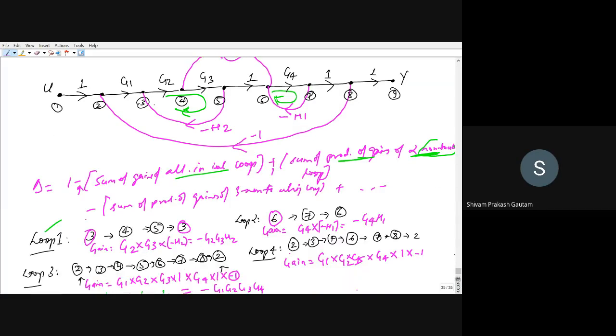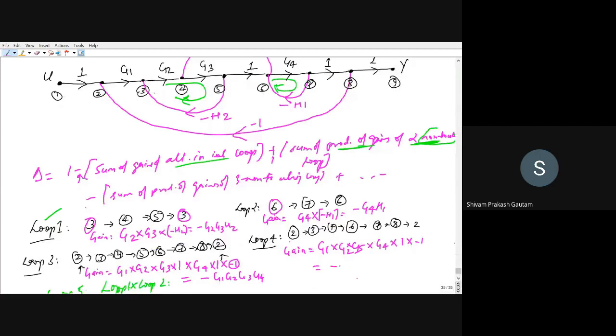Right. So this will be equal to minus of G1, G2, G4, and G5.